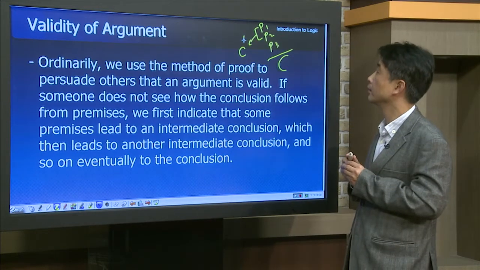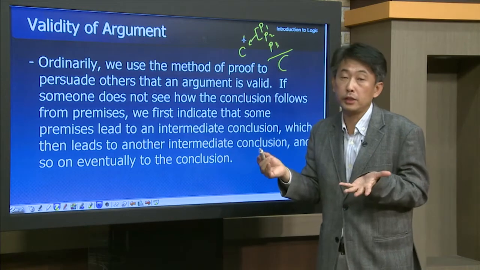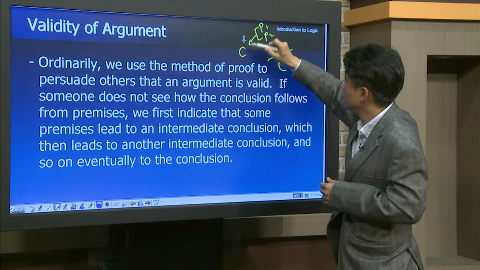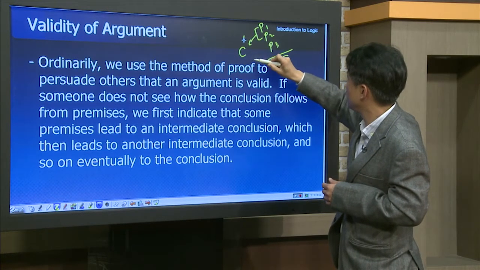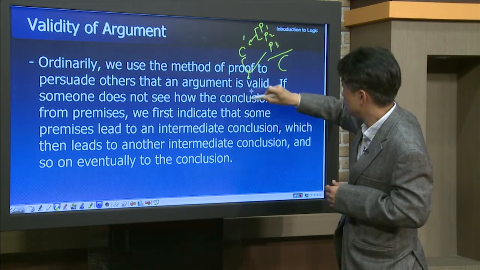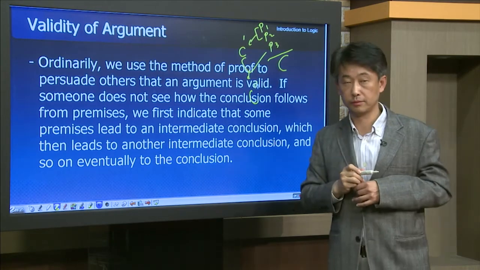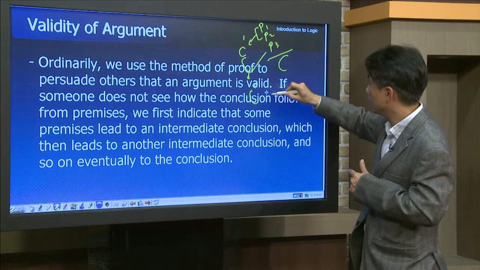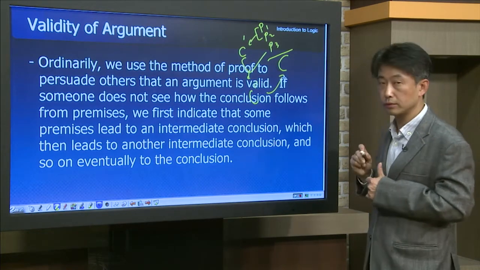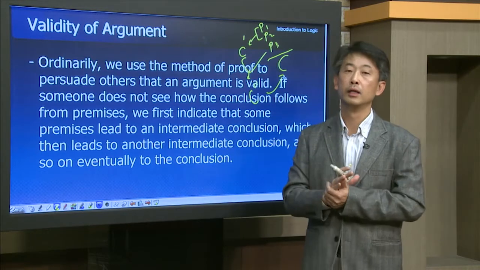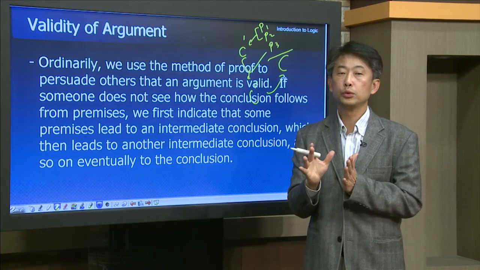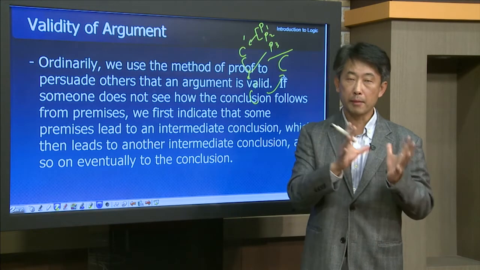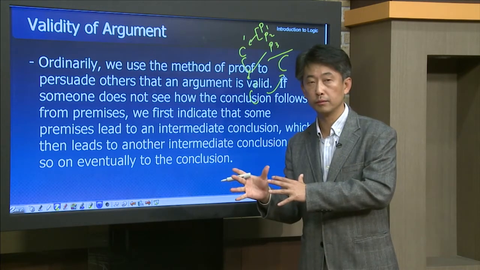If the person says, well, I can see that much, then you say, well, don't you see then that from C prime and P3, C double prime follows? And given C double prime, don't you see that C follows? Something like this.